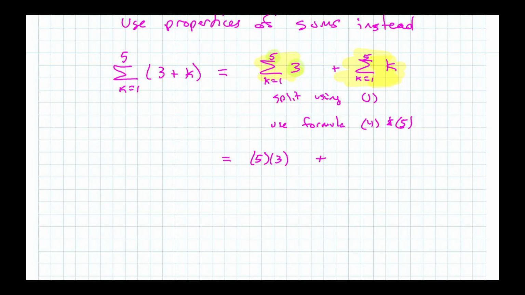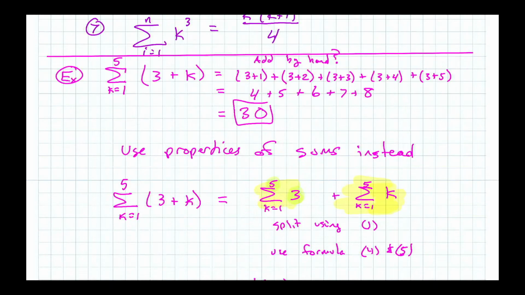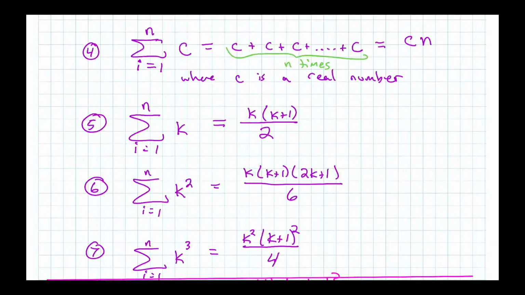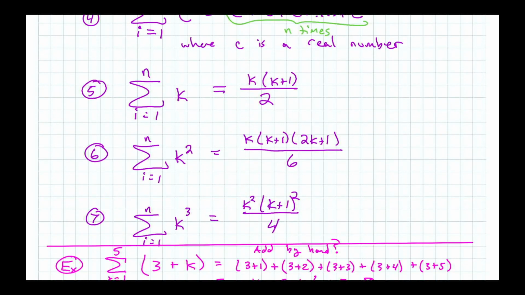Plus, now we've got the sum from 1 to 5 of k. What's the formula? Well, come down here. I'm now just realizing that I wrote these all wrong. We're just going to fix them. What I did wrong here was, because I changed the letters around, the stopping index was n.